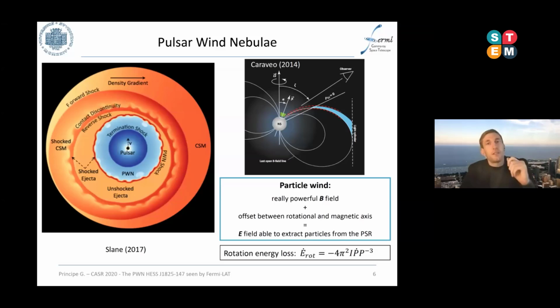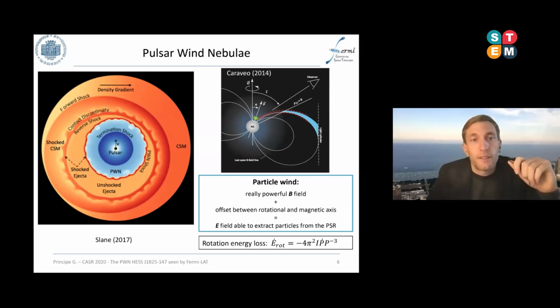So, but what is the Pulsar Wind Nebula? This is a nebula which is formed when a star died, and then we have formation of a neutron star and then a pulsar. The nebula comes from the acceleration of electrons from the pulsar that, due to the really strong magnetic field and the offset between the rotational and the magnetic axis, we could have a strong electric field also, and the electrons are able to escape, and then they are accelerated in the environment from the polar cap.